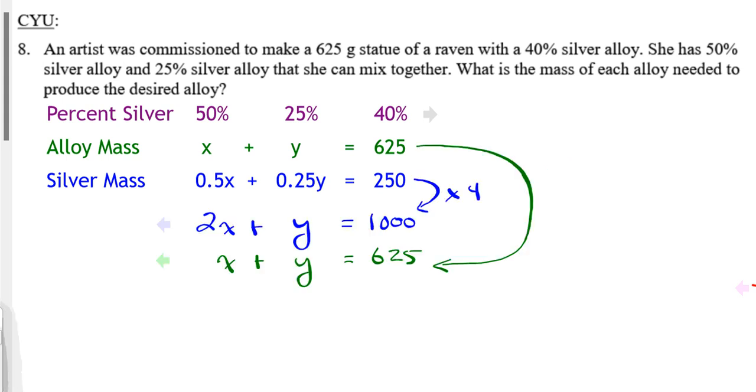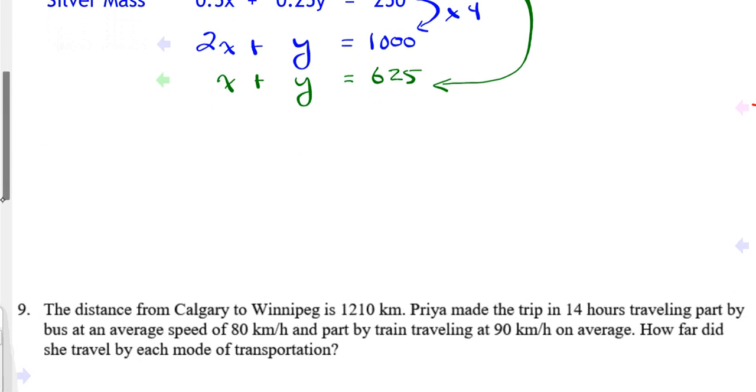This time I chose, instead of multiplying the first equation by a decimal value, to multiply the second equation by 4 because I recognized that 0.5 is a half, 0.25 is a quarter. If I multiply that equation by 4, I get rid of the decimal places. And at the same time, I get matching coefficients with my y variable.